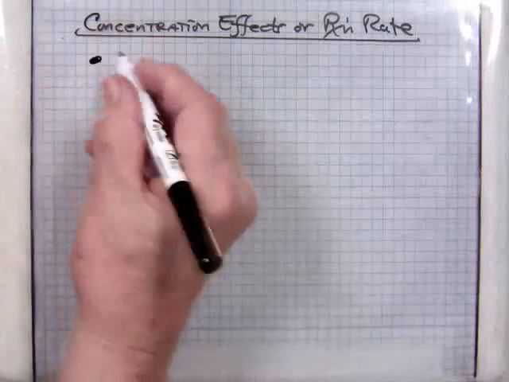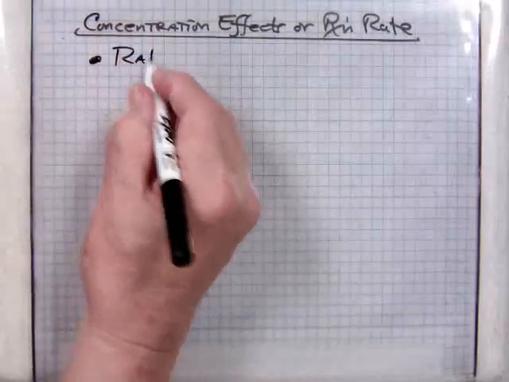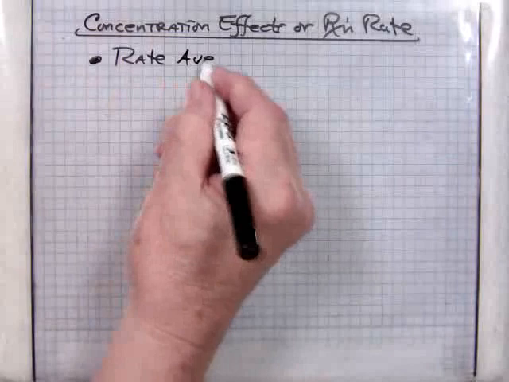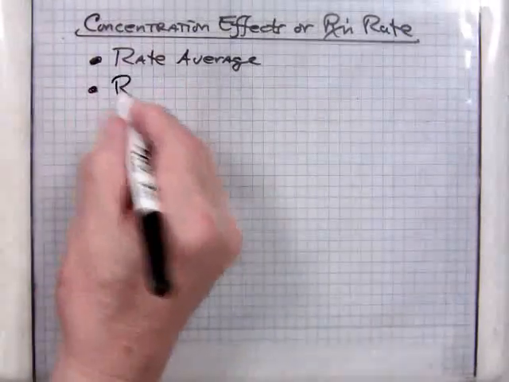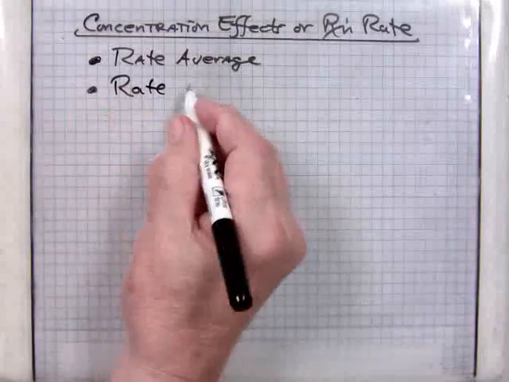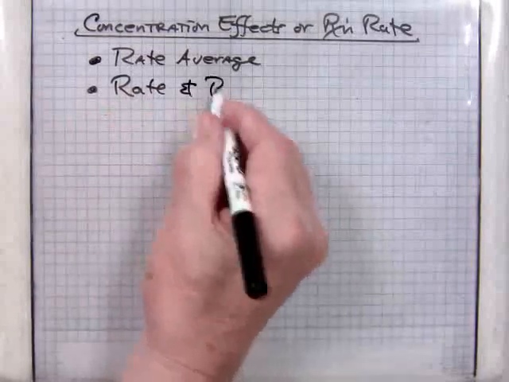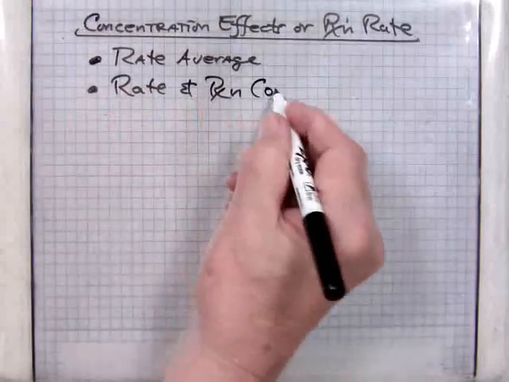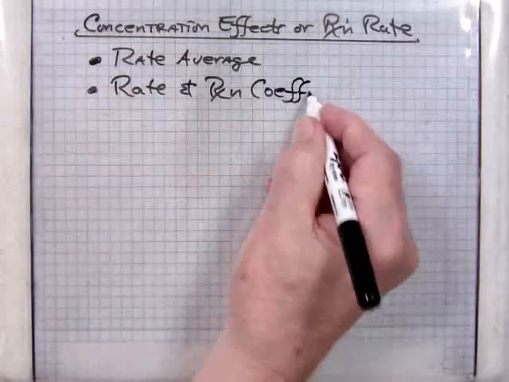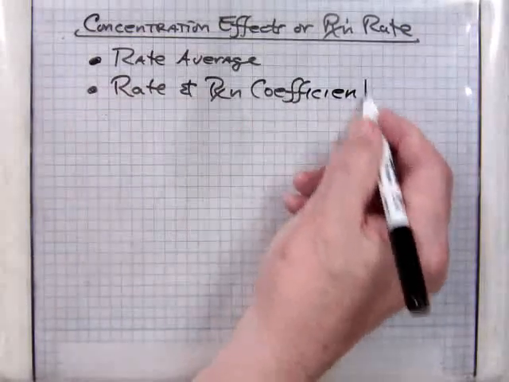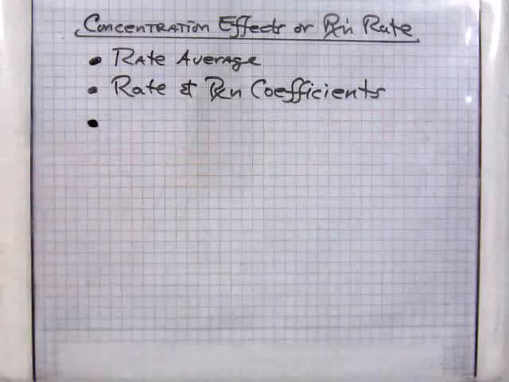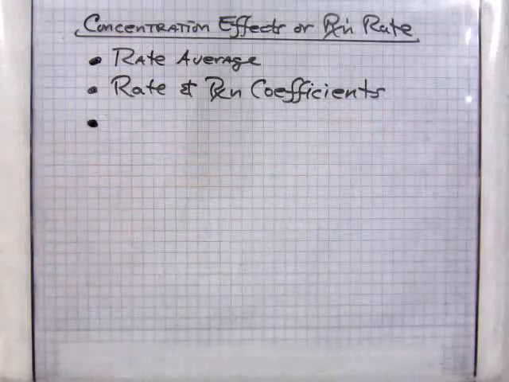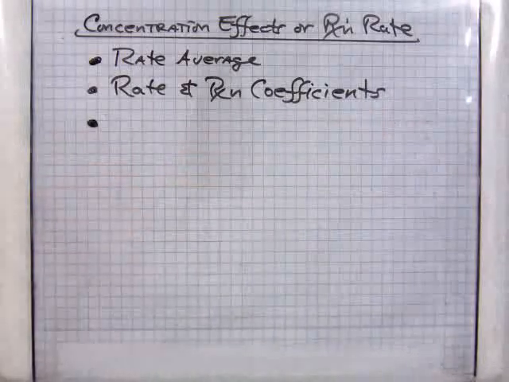One, rate averaging. Two, rate and reaction coefficients. Three, empirical rate laws or experimental rate laws.